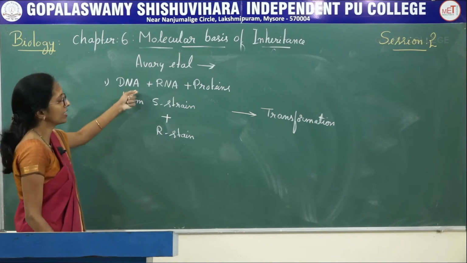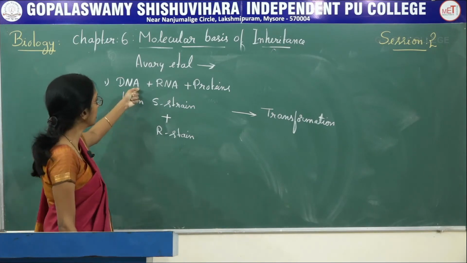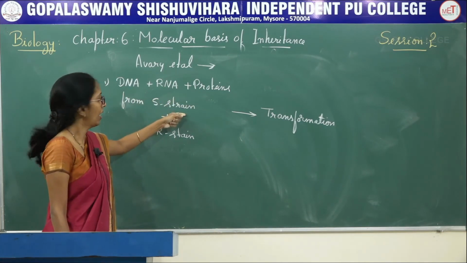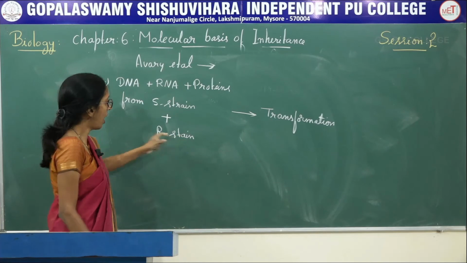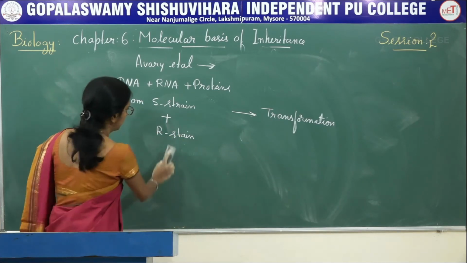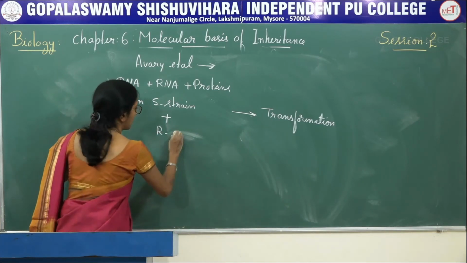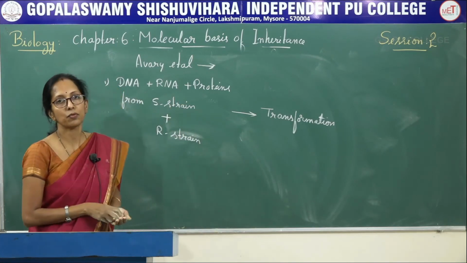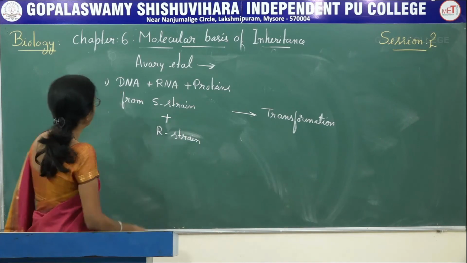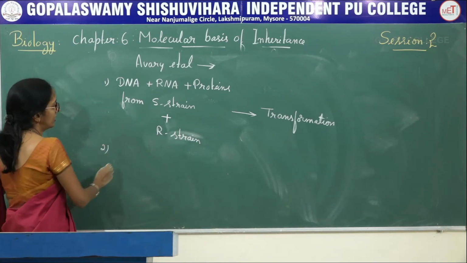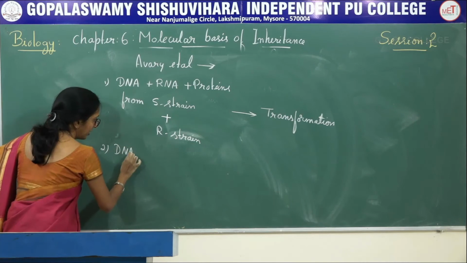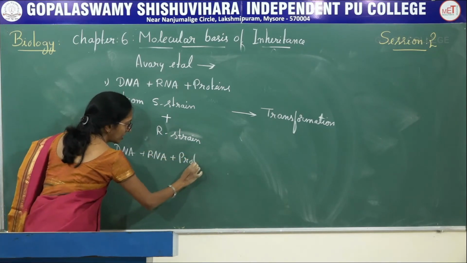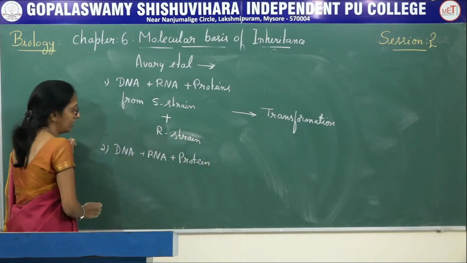They prepared an extract which contains DNA, RNA and proteins from the S strain, and this is mixed with the R strain, and a transformation takes place. In the second extract, they did the same thing: DNA, RNA plus proteins present in the extract.